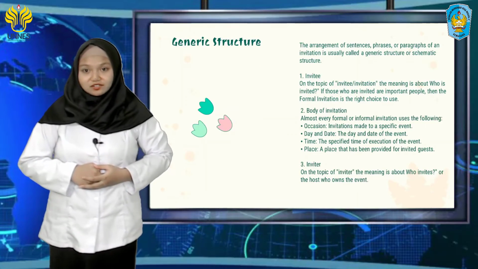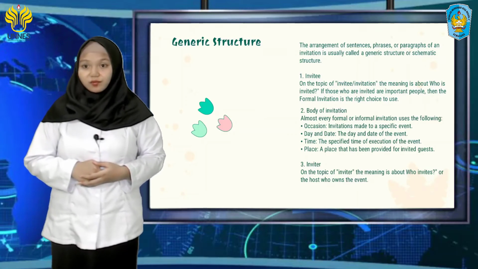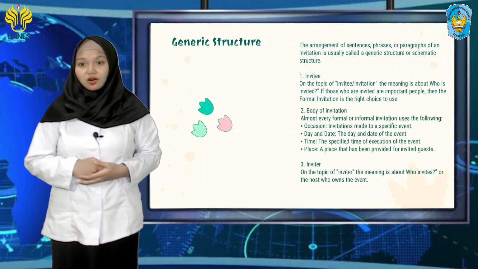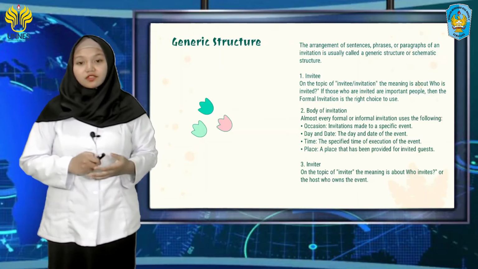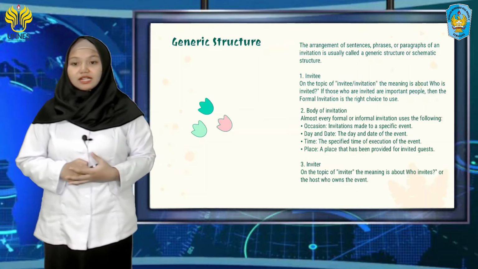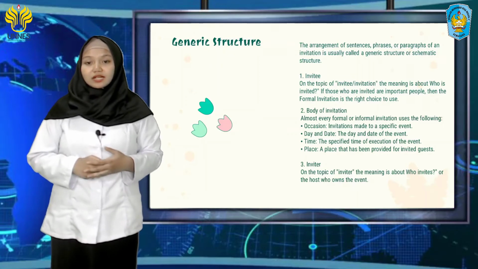Here's the generic structure. The arrangement of sentences, phrases, or paragraphs of an invitation is usually called a generic structure or schematic structure. The first one is invitee. What is invitee? Invitee is about who is invited to the event. So the invitee is the person who is invited.